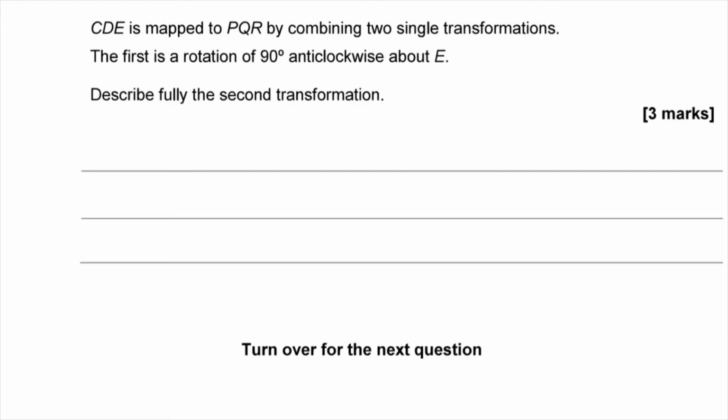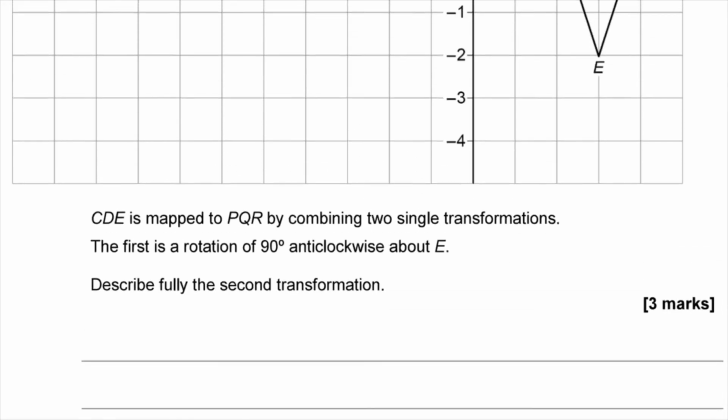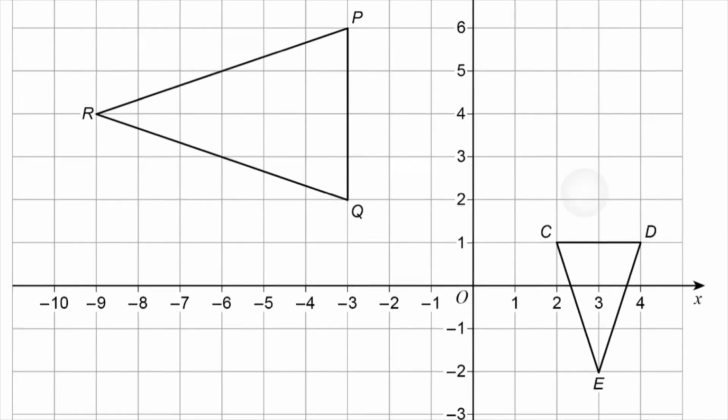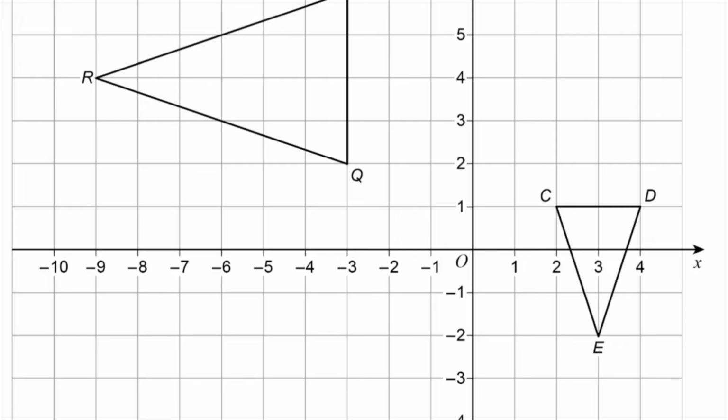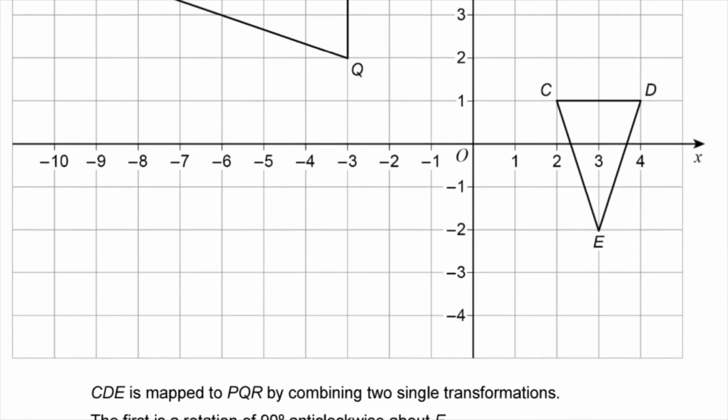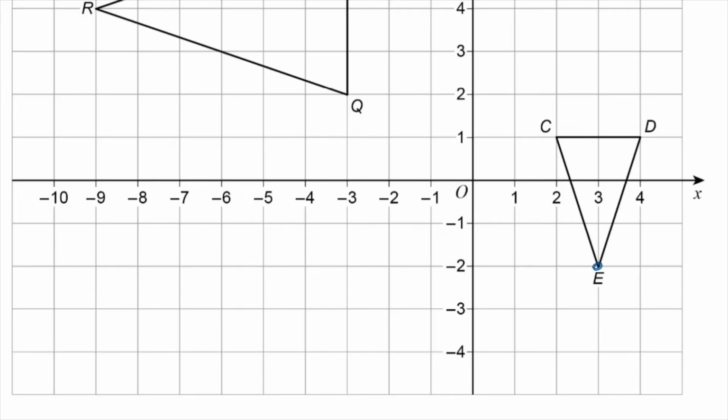So let's carry out this first transformation. That's a 90 degrees anti-clockwise about E. We're starting with CDE, aren't we? So 90 degrees anti-clockwise about this point here.